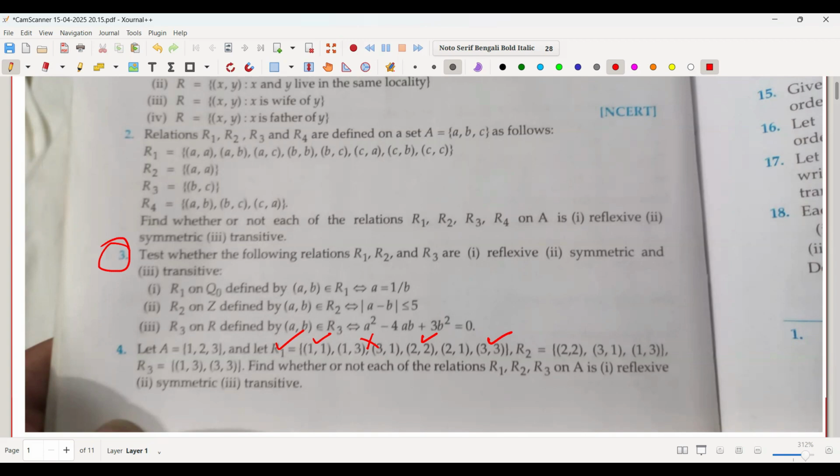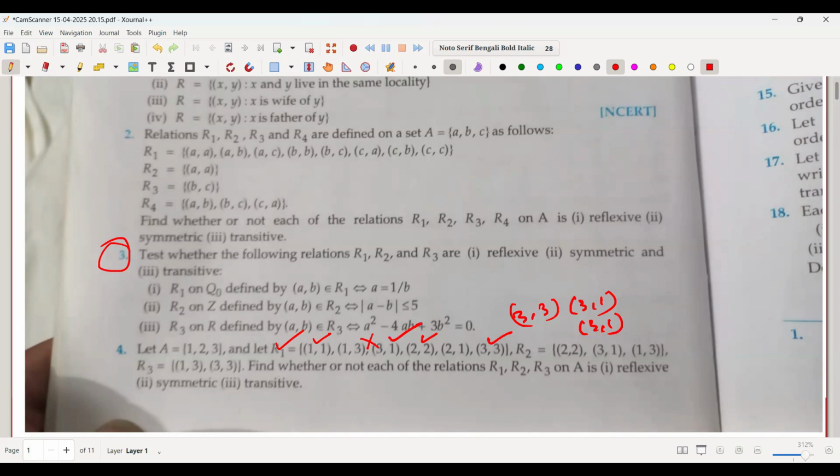And 1 comma 3, 3 comma 1 and then 1 comma 1 is there, and 3 comma 1, 3 comma 3 is there, and 2 comma 2, 2 comma 1, then 2 comma 1 is there, and any other, no. So this is transitive. So this is not symmetric, but this is reflexive and transitive.